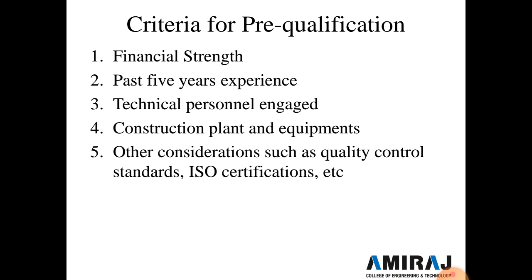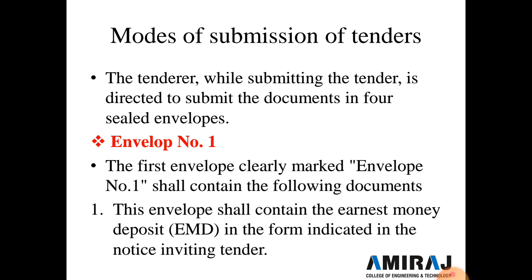The first 4 points carry nearly 90% and the last generally 10%. To qualify, the applicant must generally score at least 60% in each of the first 4 categories mentioned above, and 70% of the total points. So this is the criteria for pre-qualification.